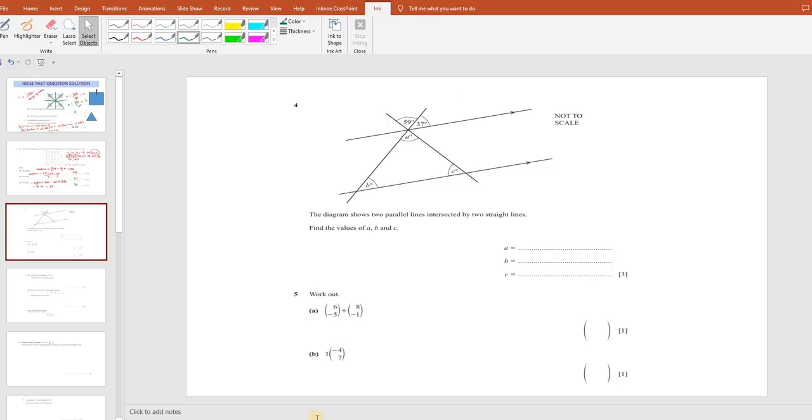Next question is on angles between lines. Under angles between lines, we have this diagram, where the angle here must be equal to the angle here.